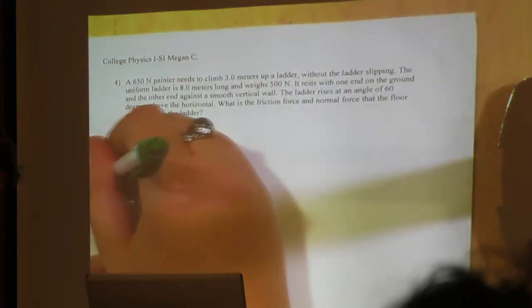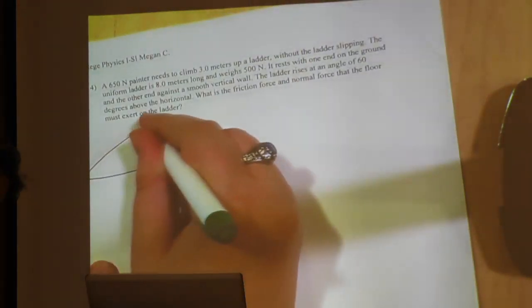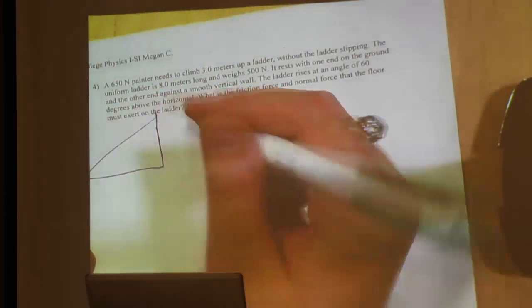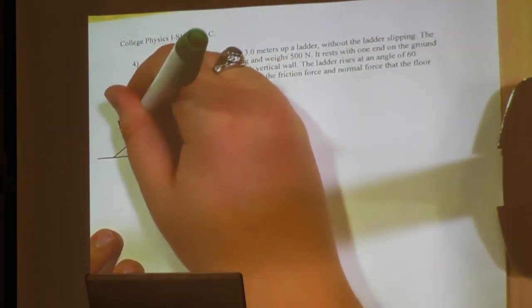So if we were to draw a picture of this, we'd have the ground, we'd have whatever wall it's on, and we have this ladder, right? So more triangles. We have a painter, and we said that he was 3 meters up, so we're just going to draw him right there. This is our painter, so point P is going to be 3 meters from the bottom.